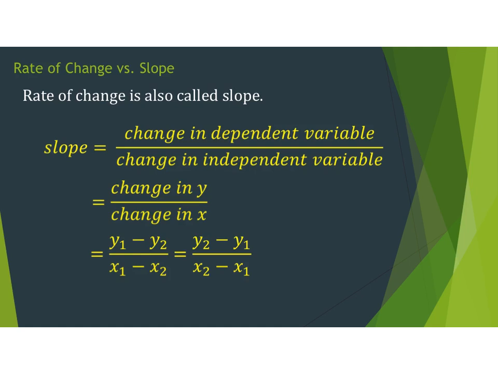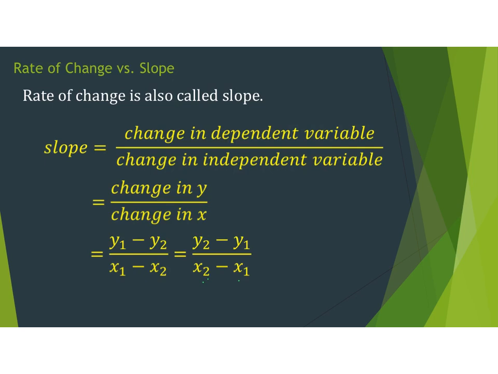The slope is equal to the change in the dependent variable over the change in the independent variable, or a simpler way to say it, the change in y divided by the change in x. Now, mathematically, if you have 2 points, you might use those 2 points and set it up like this, like y1 minus y2 over x1 minus x2, which is the same thing as saying y2 minus y1 over x2 minus x1.